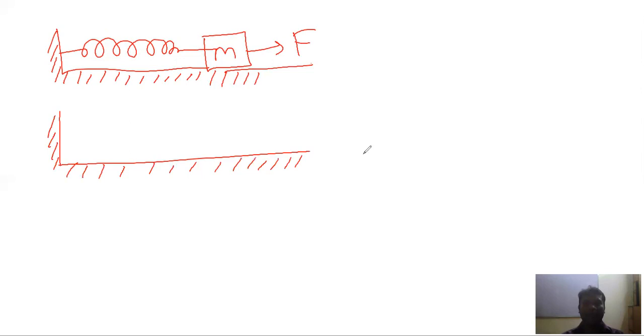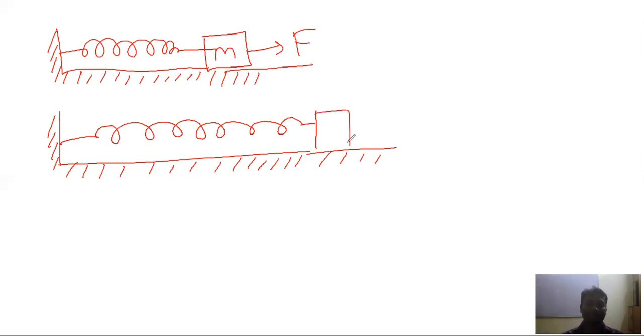There will be elongation in the spring. So the spring will get elongated due to this force. So the extension in the spring is in the right direction, but the force of spring is in the left direction. Extension is in the right direction.